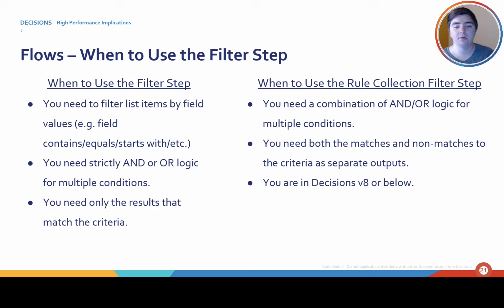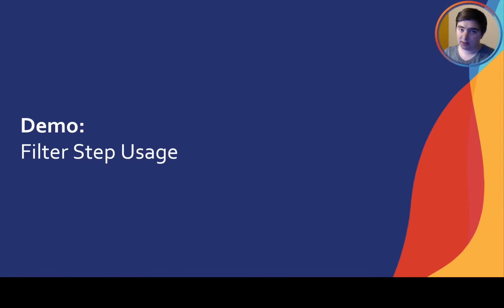Also, if you need both the matches and the non-matches outputted as separate lists of your object, this might be the way to go, the rule collection filter step. And then lastly, if you're in Decisions version 8 and below, you'll want to use this because the filter step was added in Decisions version 9. So let me go over a demo now on how to utilize this step inside of your environment and how to set up each one of them.